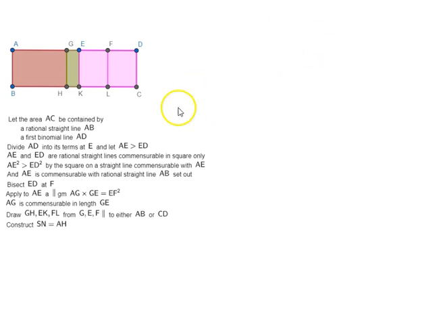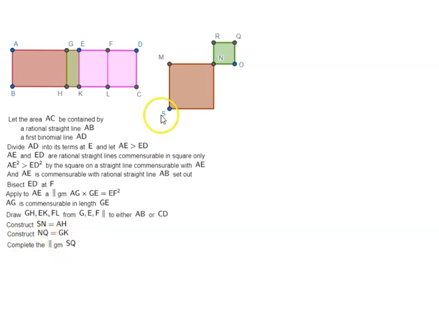So we have to draw another figure SN whose area is equal to AH. Okay, so the area of this is equal to the area of AH. Construct NQ equal to the area of GK. Complete the parallelogram SQ. So that means we have to complete this rectangle and this rectangle.